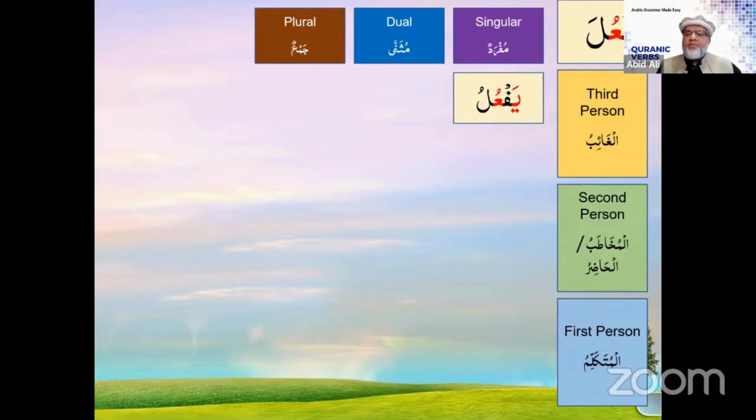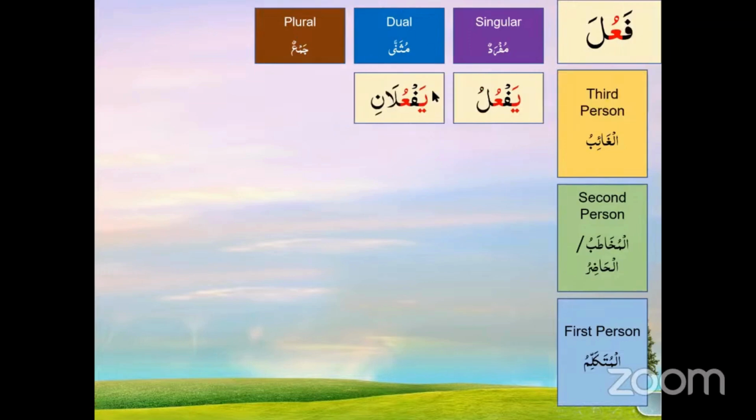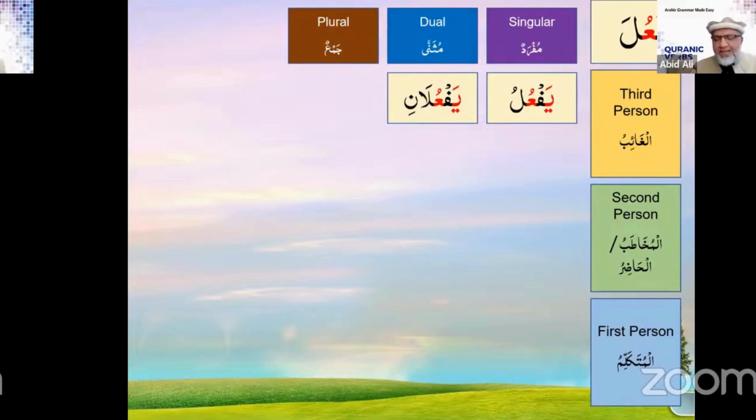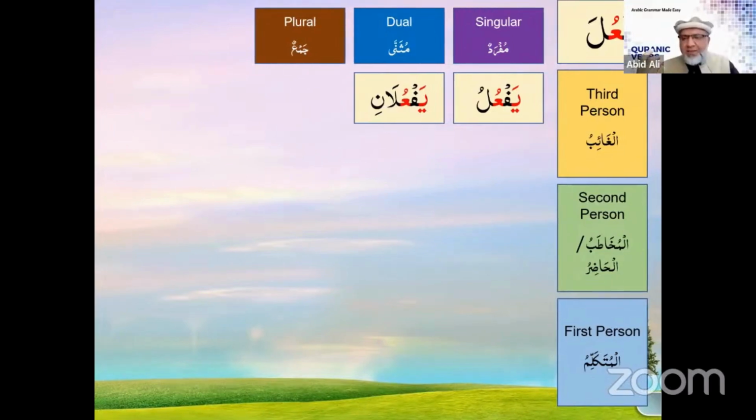So over here, fa'ula will become yaf'ulu. The musanna will become yaf'ulani. Yaf'alu: he does, he is doing, he will do. What is the translation? He is doing, he will do. Agree?